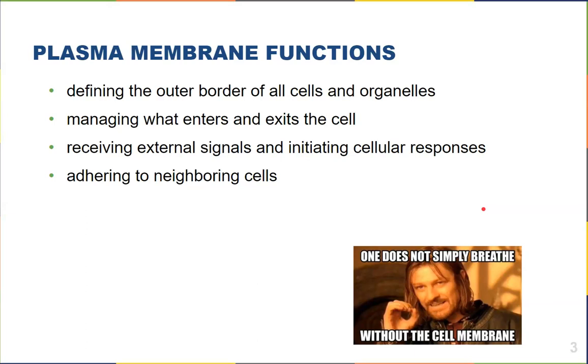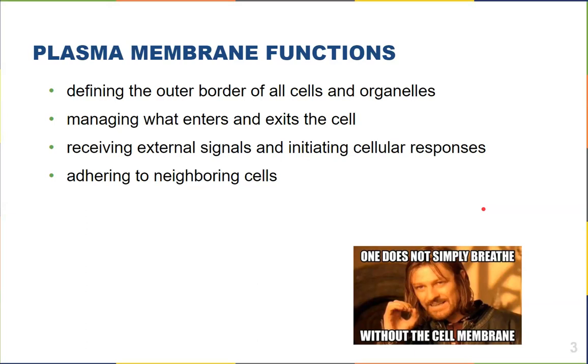It also receives external signals from elsewhere in the body, especially if you're a multicellular organism. You need to receive signals so that your cells can work together and initiate a response. And they also adhere to neighboring cells. So we've talked about the junctions that cells have.